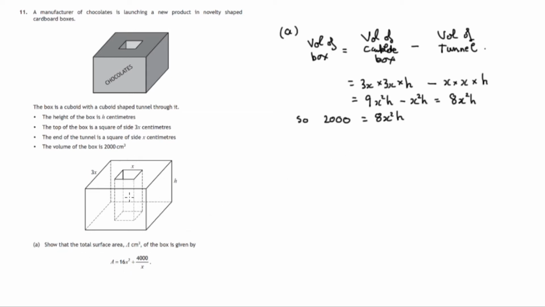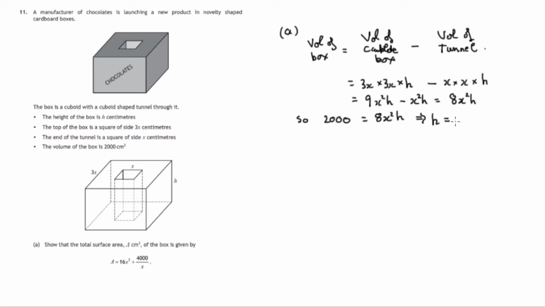Now if we look at what we're asked to show, we're asked to show the surface area of this, which is a fairly complicated job, but the surface area and the expression they get does not involve h. This relationship that we've got allows us to find h in terms of x.